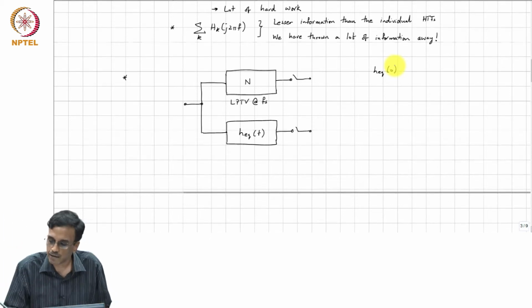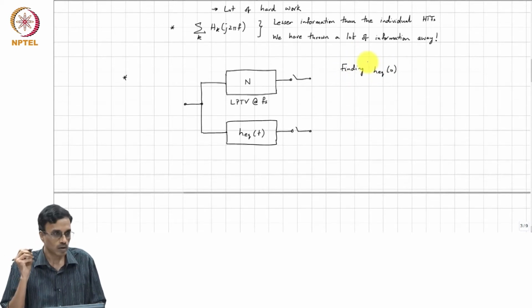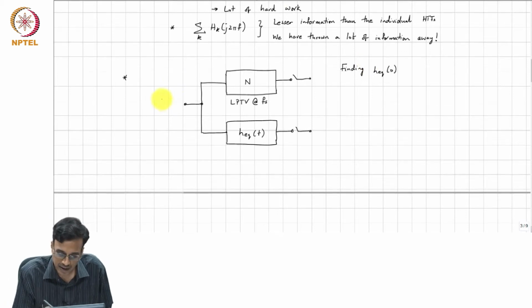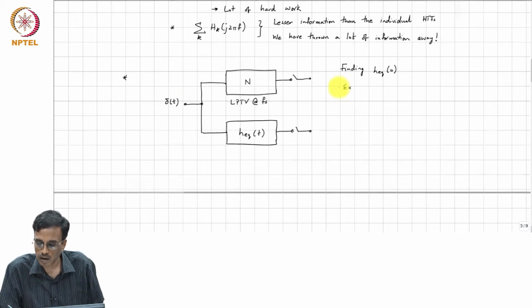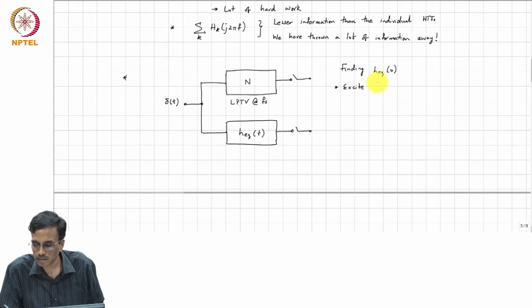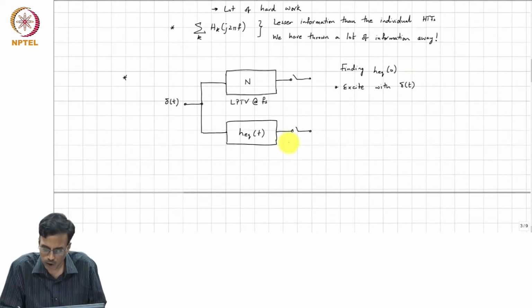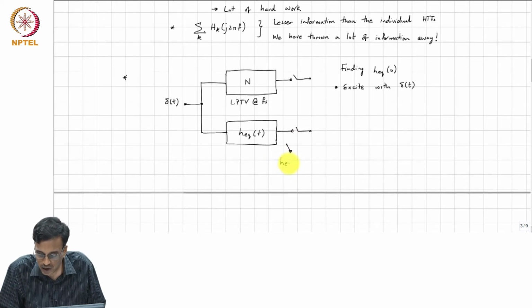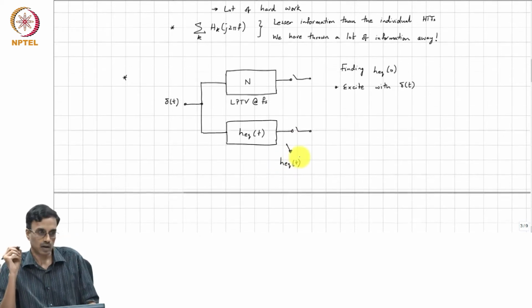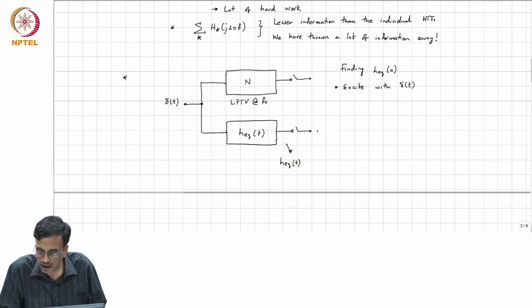So, basically if you are only interested in finding H equivalent of 0, you excite with delta of t, right, and what will you get here? You will get H equivalent of t, and we will sample, right, and if you sample at 0, you get H equivalent of 0.